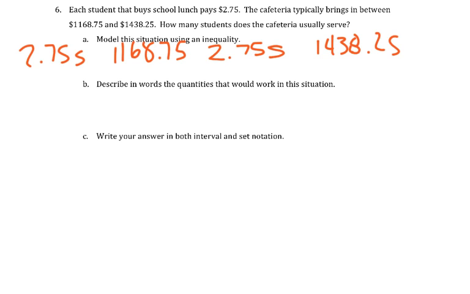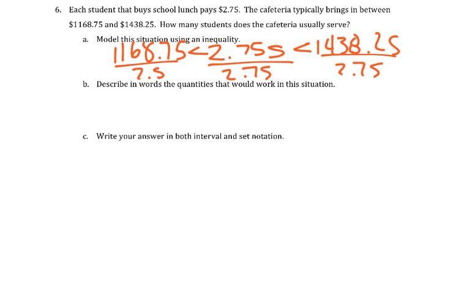So if we think about this, that's the low end of things and that's the high end of things, so we're kind of in between, right? So this 2.75, if we divide it into both of those, that should give us our number, right?